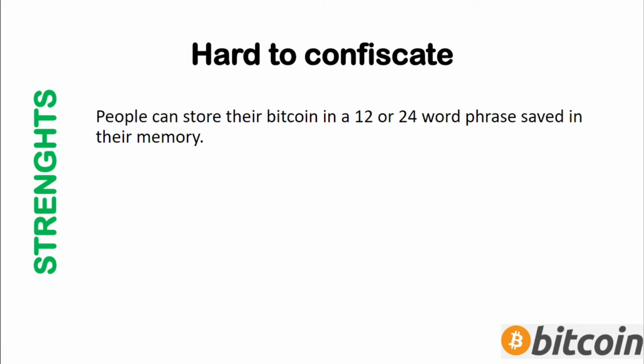Then you memorize those words and you can destroy the device. After you cross the border, on any device you get, you install a Bitcoin wallet and you restore a wallet. Using your memory, using all those words that you memorized, you can type them in and get full access to all your Bitcoin.